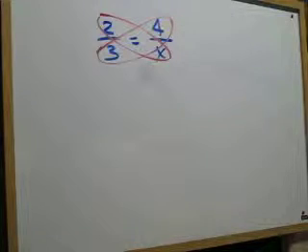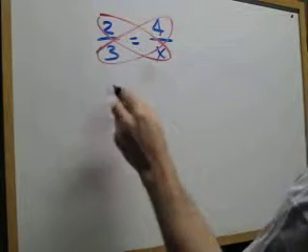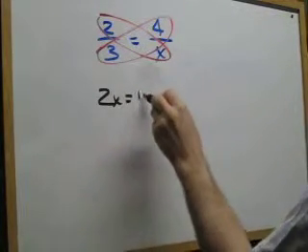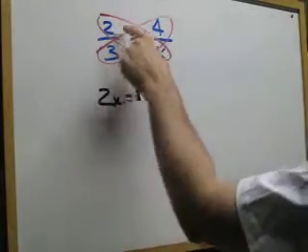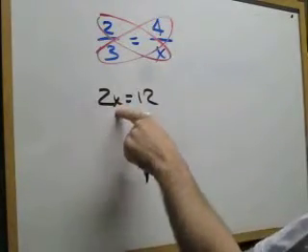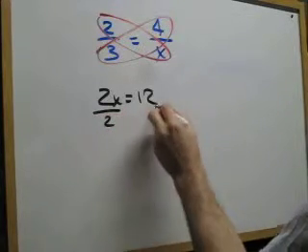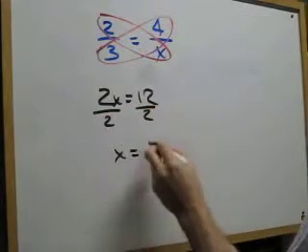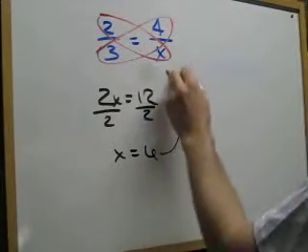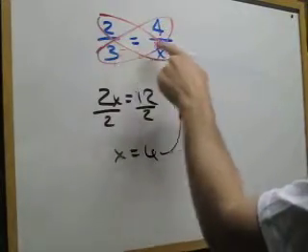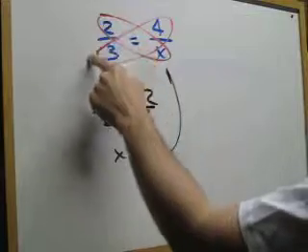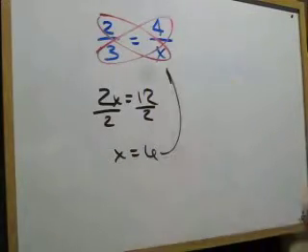So that being the case, we end up with 2x equals 12. Remember, 2 times x, we can write it as just 2x. We don't need the multiplication sign in there or anything. And then we just solve for x. So now, this ratio and this ratio are equal. 2/3 is the same thing as 4/6.